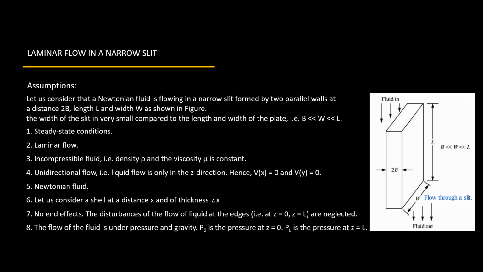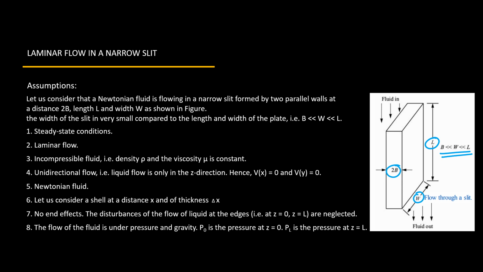Now, assumptions of laminar flow in a narrow slit. Consider a Newtonian fluid flowing in a narrow slit formed by two parallel walls at distance twice b, length L and width W, as shown in the figure. B is very small compared to W, and W is very small compared to L, where W and L are the width and length of the plate.